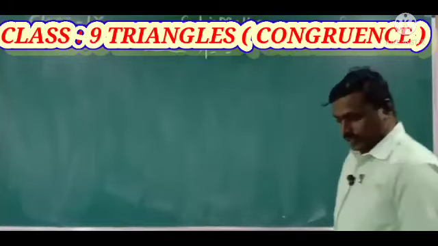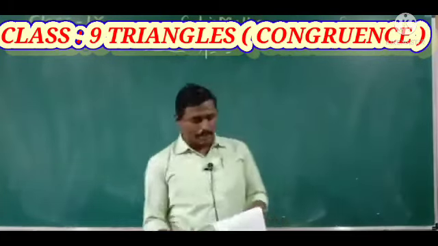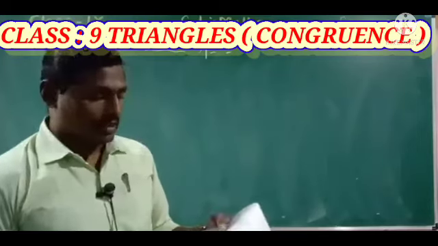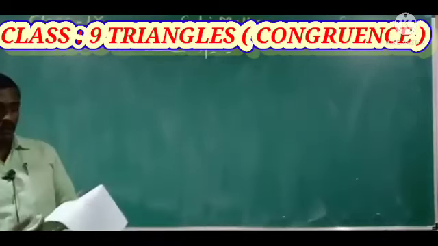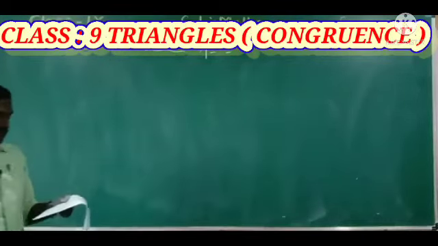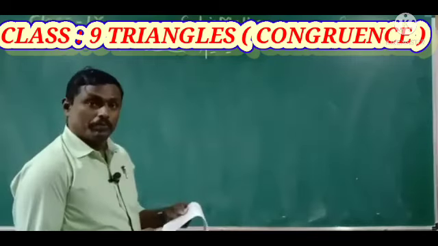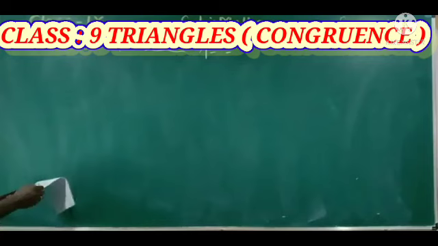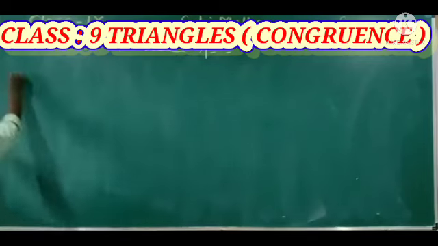Next question: if AP bisects angle BAC and M is any point on AP, prove that the perpendiculars drawn from point M to AB and AC are equal.